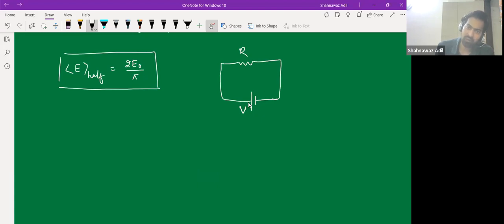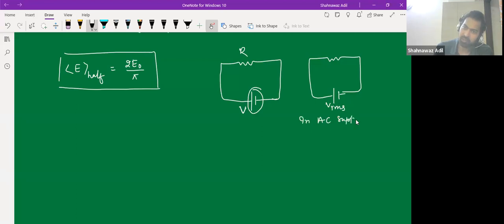We found out that this was VRMS. In an AC supply, RMS is the counterpart of DC supply. So this we understood.